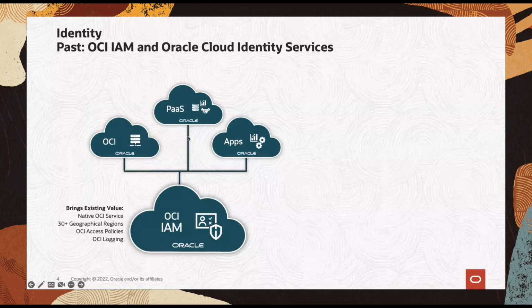And if you wanted to provision any of the PaaS applications, you could have done that using the OCI IAM, similarly with the Oracle PaaS applications. But then a few of the customers said, I want to leverage the OCI IAM to integrate my on-premise applications or my third-party applications. In that scenario, we couldn't do it with the OCI IAM.